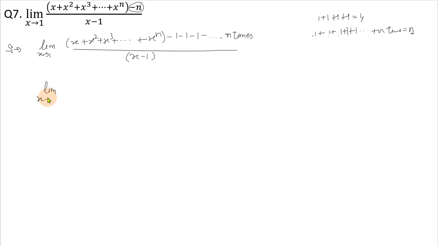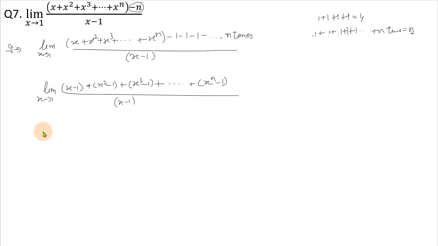So here we get limit x approaches 1, x minus 1 plus the next is x square minus 1, then with the other factor x cube minus 1 plus and so on up to x power n minus 1. So in this way we have adjusted this minus n into these n powers of x upon x minus 1.